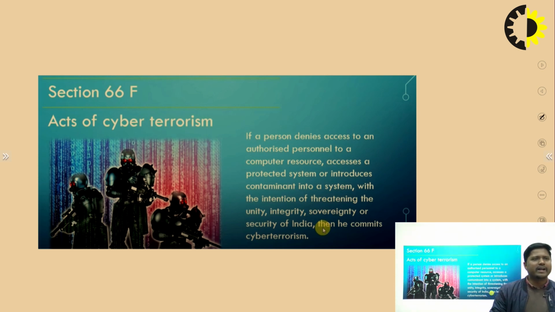So this activity will be handled in Section 66F of this IT Act 2000. And if any person has the intention of threatening the unity, integrity, sovereignty or security of India, then he commits cyber terrorism.